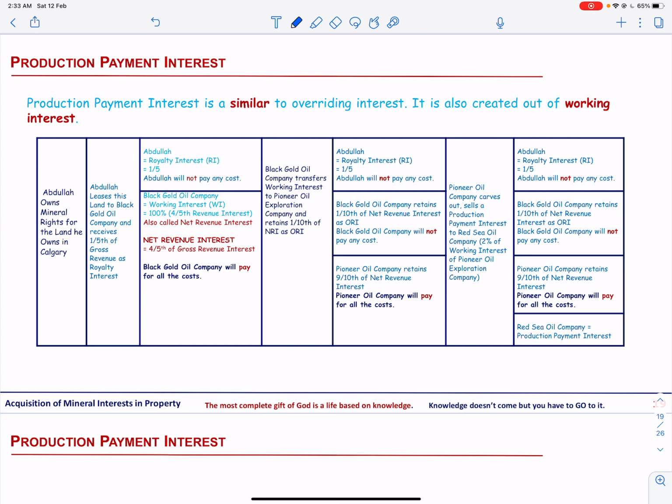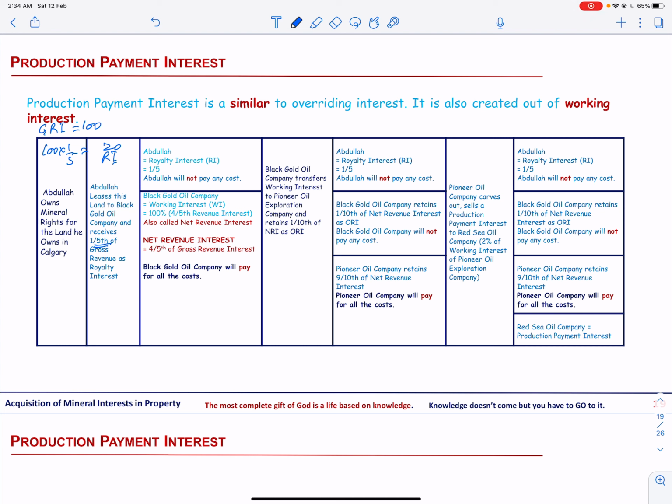Suppose the gross revenue interest is 100. Abdullah is going to have a royalty interest of 1/5. So 100 times 1/5 is equal to 20, and this is the royalty interest payable to Abdullah.